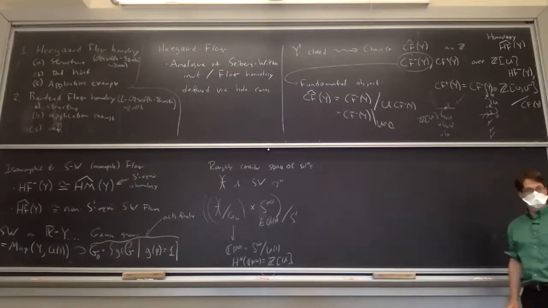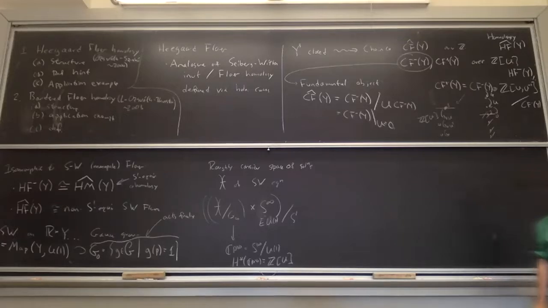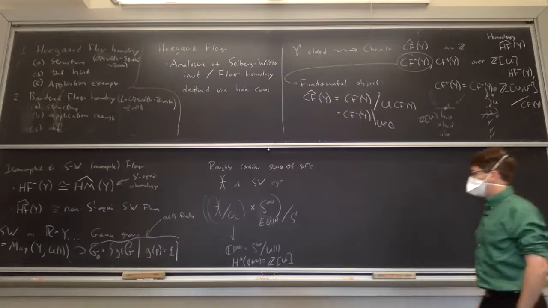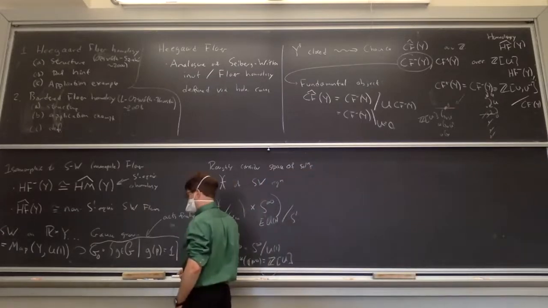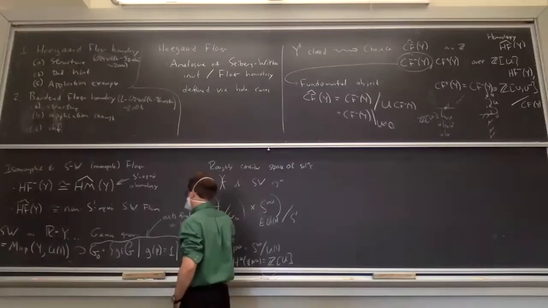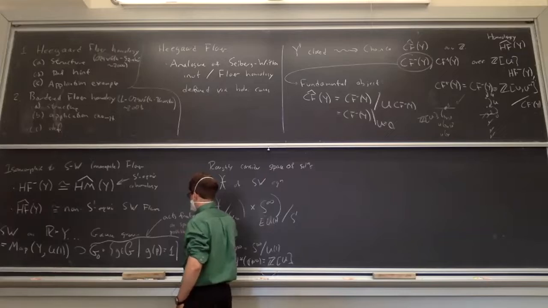Great. More questions or follow-on questions? So you said G0 acts freely on the space of possible Seiberg-Witten solutions?